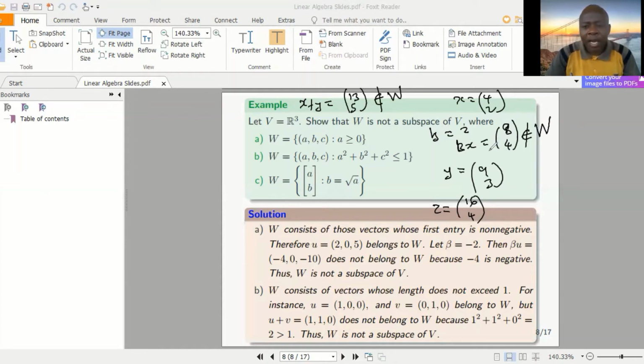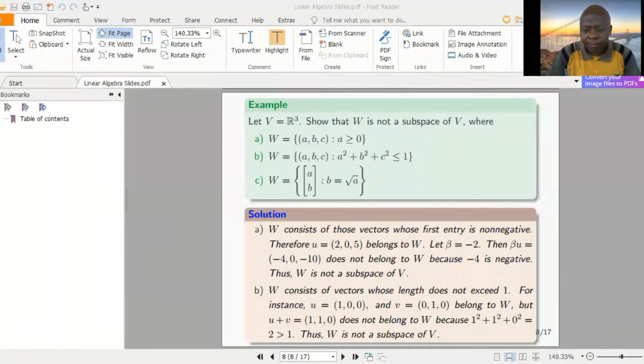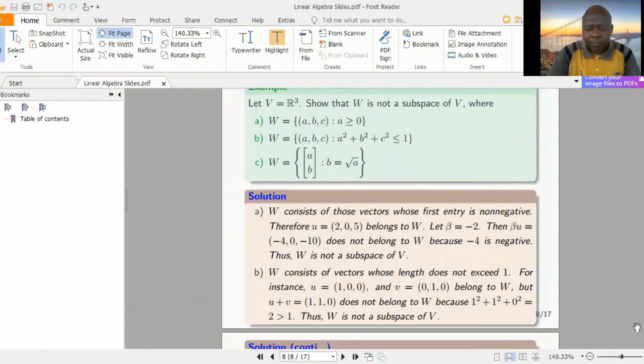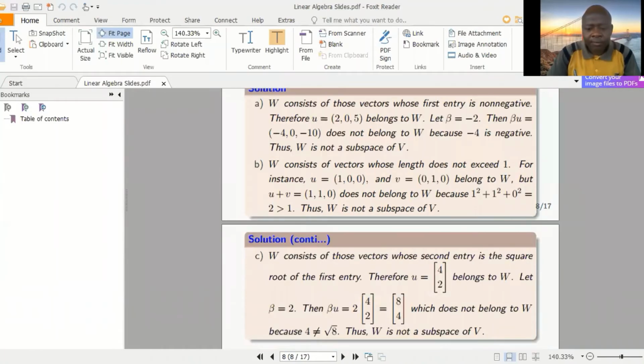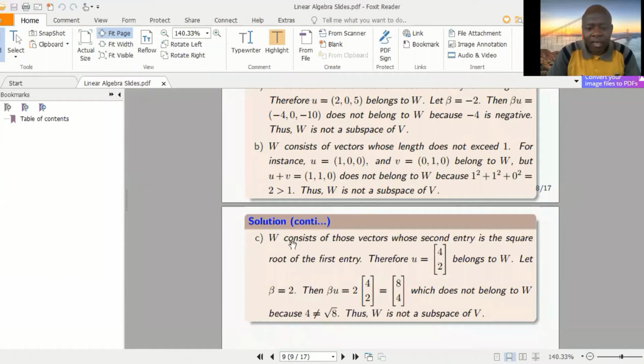So again, this property has not been satisfied, but we only need to show one. One is enough to disqualify this from being a subspace. Just one is enough. So which one did I use in my work? I said W consists of those vectors whose second entry is the square root of the first entry.